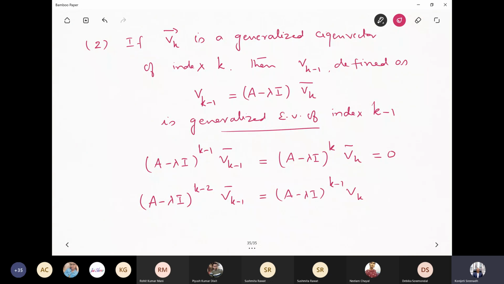Therefore, k is the smallest power where (A minus lambda I) to the k Vk is 0, so the power k minus 1 of Vk is non-zero. Indeed, this is the explanation why Vk minus 1 is a generalized eigenvector of index k minus 1.